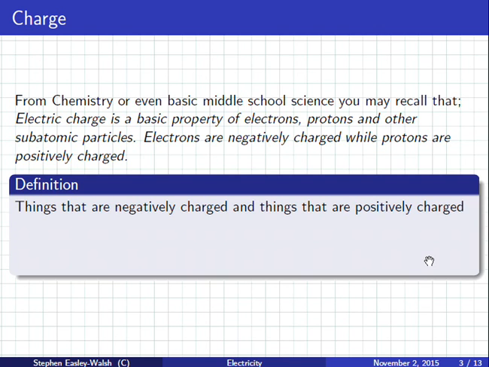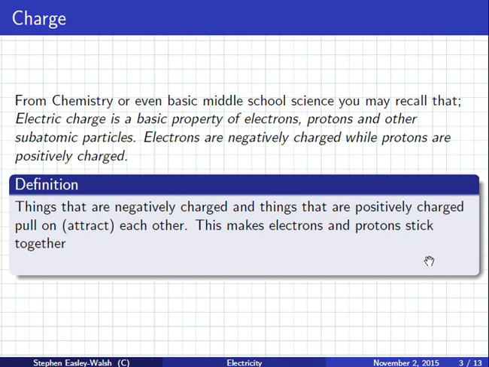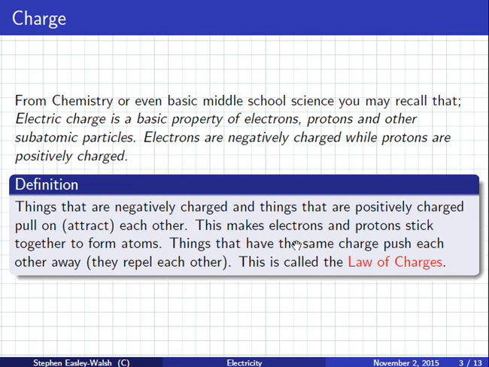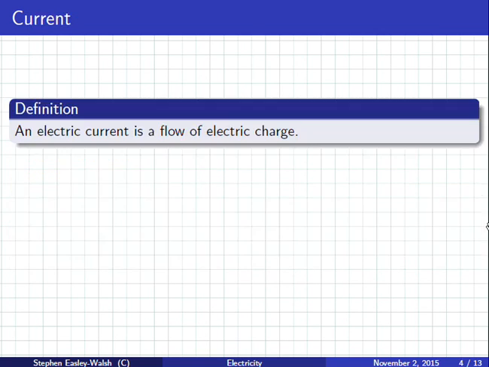This I will not talk about in detail because you're doing chemistry. So things that are negatively charged and things that are positively charged pull or attract each other. Electrons and protons are pulled towards each other because an electron is negative and a proton is positive.